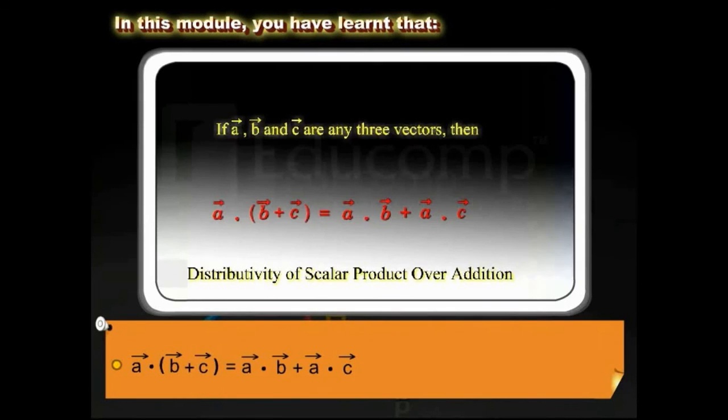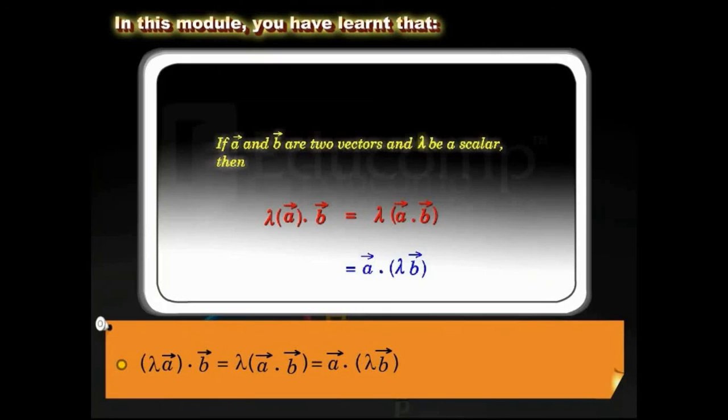Dot product of vector A with the sum of vectors B and C is equal to dot product of vectors A and B plus the dot product of vectors A and C. Dot product of lambda times vector A with vector B is equal to lambda into dot product of vectors A and B, which is further equal to dot product of vector A and lambda times vector B.